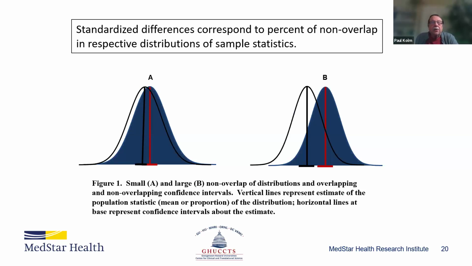So you can picture it like this, whereas in panel A there's not much of a difference. The effect size or the standardized difference is not very large, whereas in panel B it's quite a bit larger.